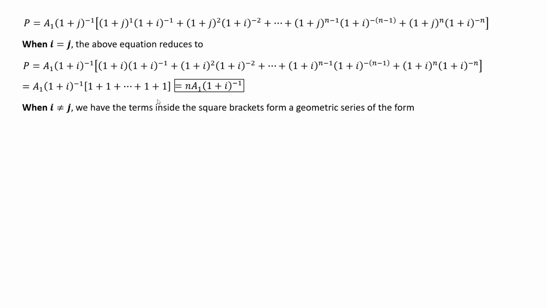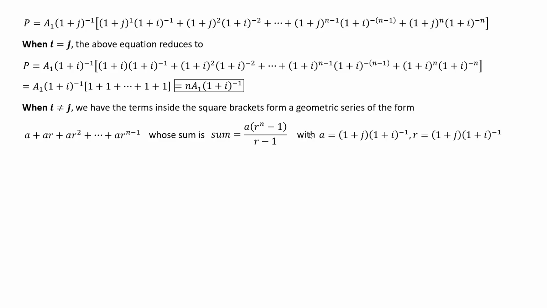So that is the r. And we already saw that the sum of a geometric series is a times (r to the n minus 1) over (r minus 1), where a is the first term. We're looking at the stuff inside the square brackets, (1 + j) to the 1 times (1 + i) to the negative 1. So that's the a. And r is the same thing as a in this case: (1 + j) times (1 + i) to the negative 1.